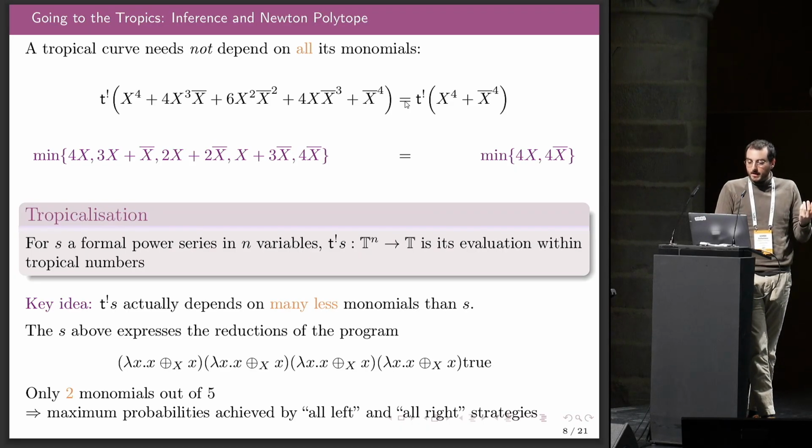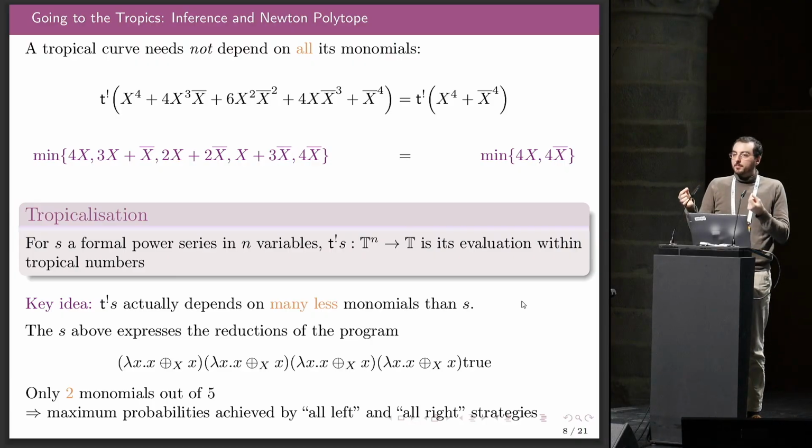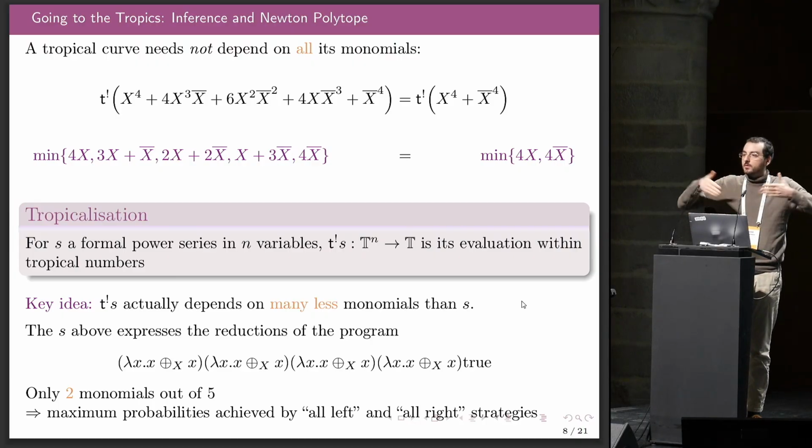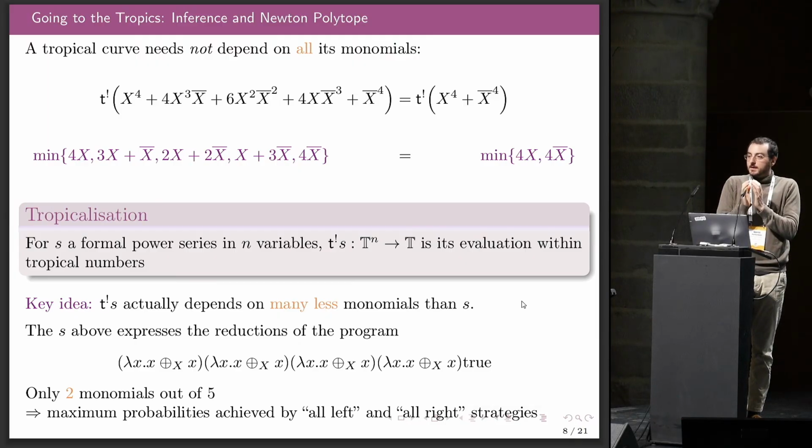And the point here is that when we make this tropicalization operation, we need to compute a minimum, but we don't need to explore all the possible monomials in order to compute the minimum. Maybe just a small subset of them is enough.